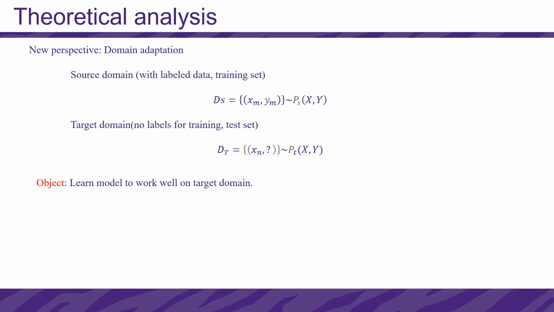This paper presents a novel perspective, domain adaptation. The source domain is the training set, and the target domain is the test set. But these two distributions are different. So the objective of this paper is learning a model on the source domain and making it work well on the target domain, the test set.